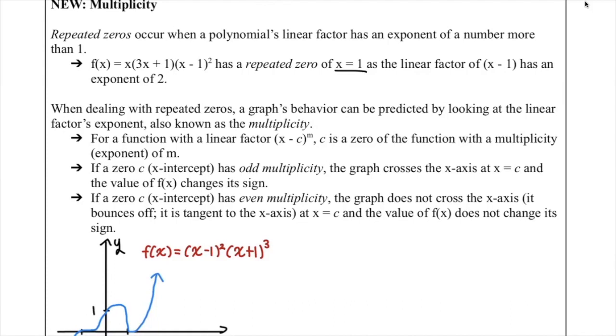When dealing with repeated zeros, a graph's behavior can be predicted by looking at the linear factor's exponent, also known as the multiplicity. So essentially, the exponent of the linear factor is called the multiplicity.